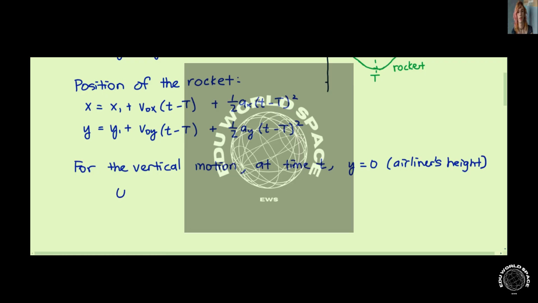So we set 0 equals minus half g t squared minus g t (t minus big T) plus half 3g sine 30 degrees (t minus big T) squared.